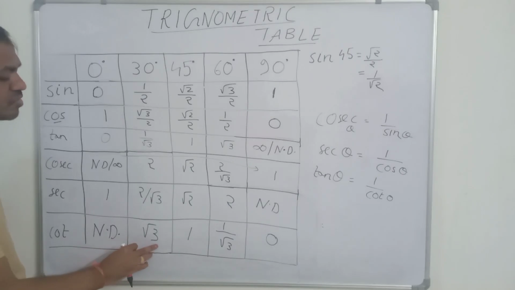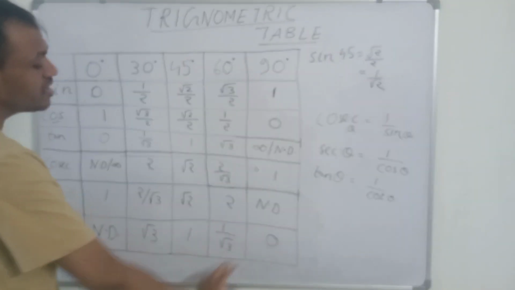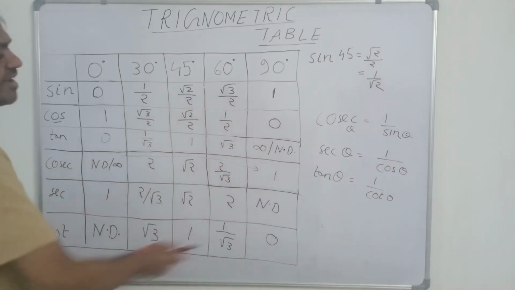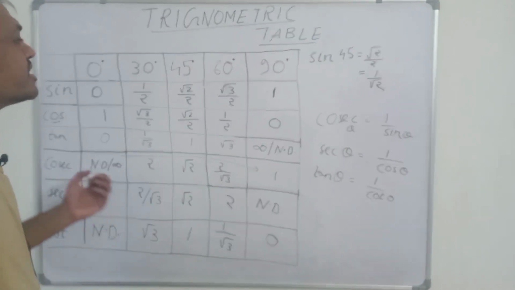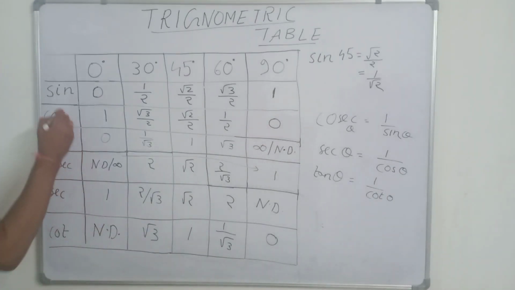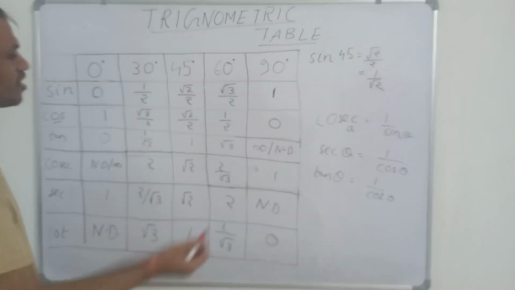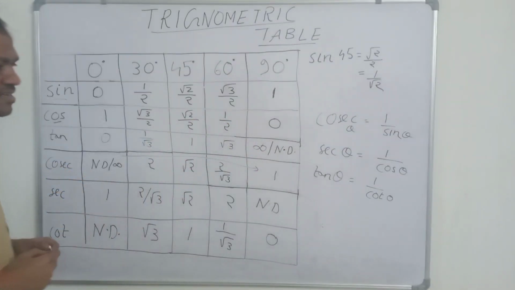So not defined, root 3, 1, 1 upon root 3 and 0. This is how we can learn the trigonometric table very easily. There is no need to remember all these values, and no need to derive them. Just learn these 5 values for sine, and the rest you can find by using the trick.